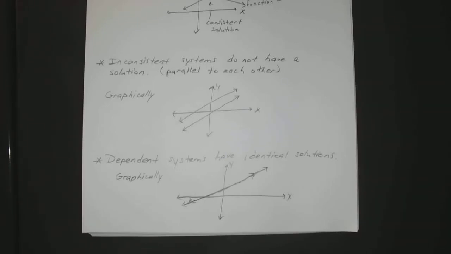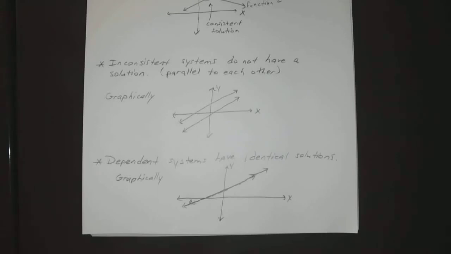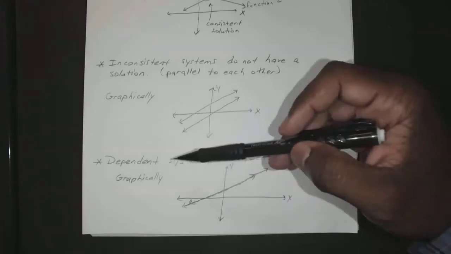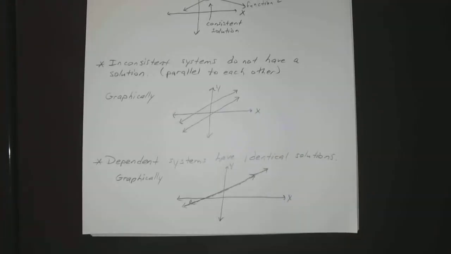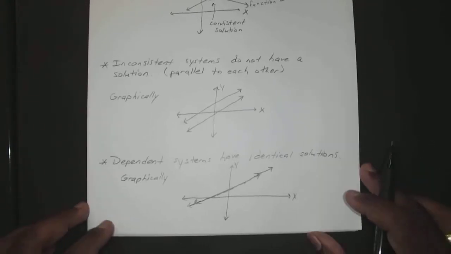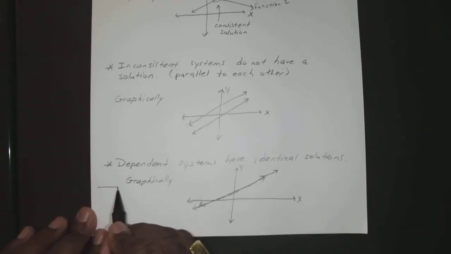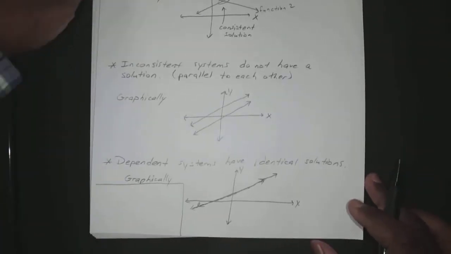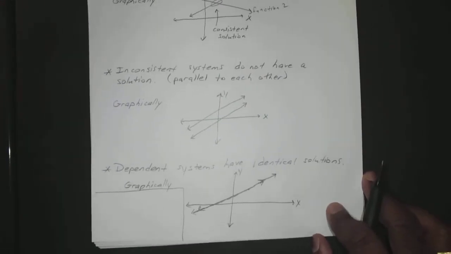The one additional thing you want to remember is that when you have a dependent system, it's also consistent. Because remember, consistent just means you have at least one solution. So if you have at least one solution, any dependent system is also consistent. We'll make a little side note of that.